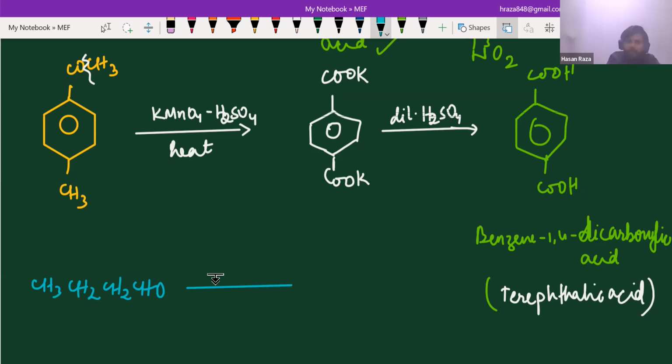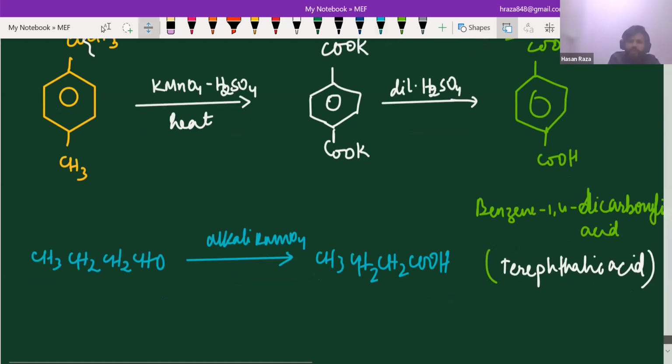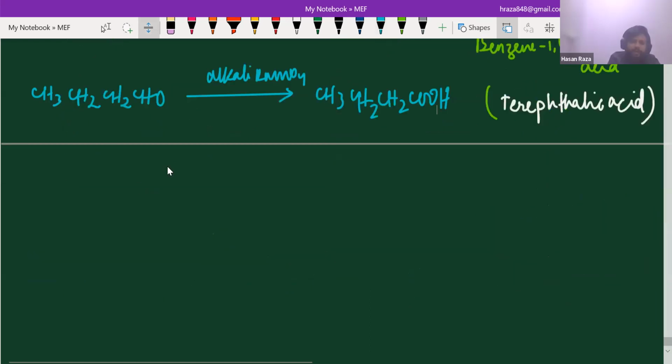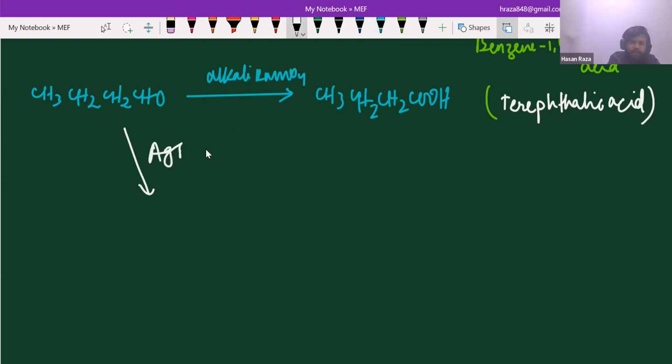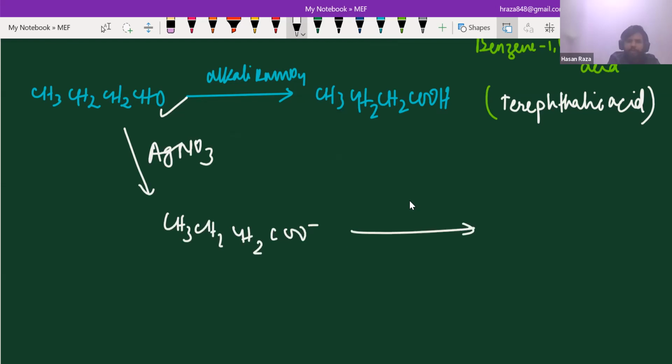So you have two ways: you can use alkaline KMnO4, or you can use the Tollens reagent, that is basically ammoniacal silver nitrate, in which this will be oxidized to the carboxylate anion CH3CH2CH2COO minus, and then H plus, you are going to use the hydrolysis, and then it will form CH3CH2CH2COOH.